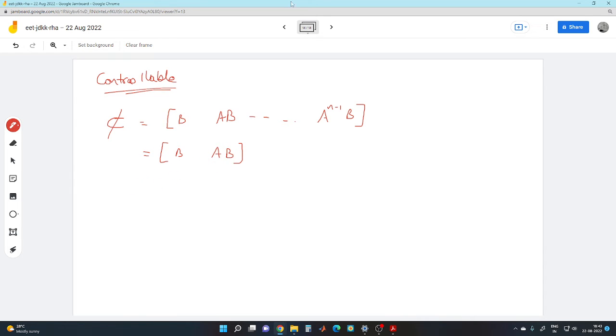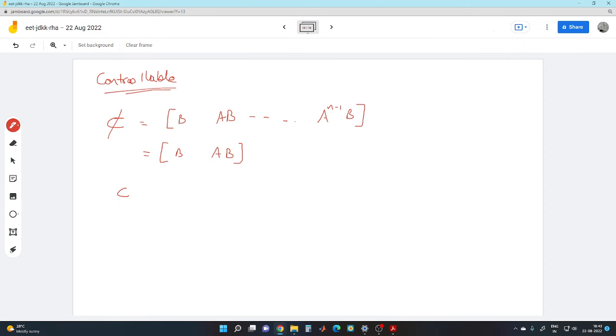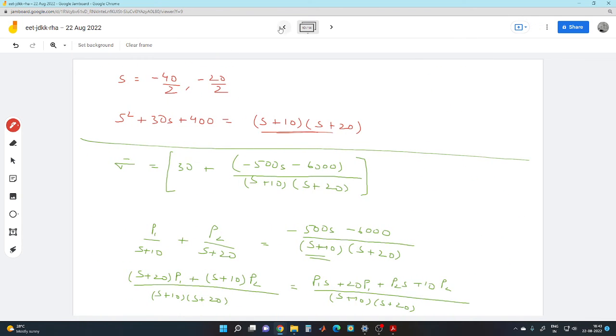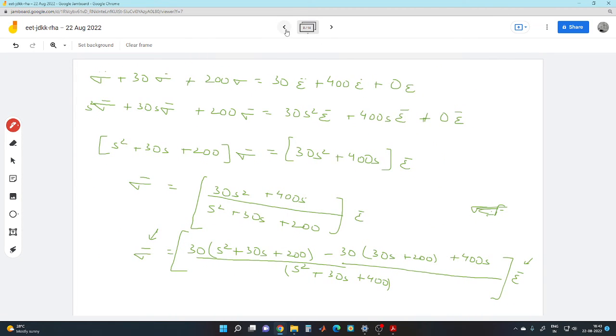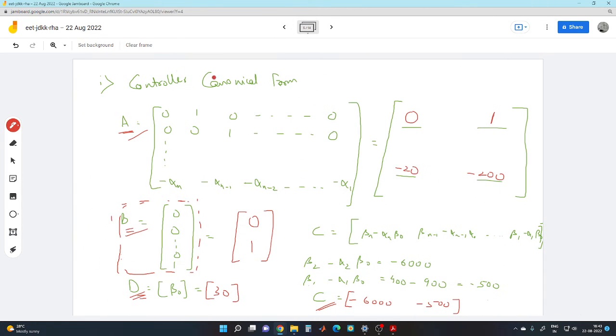So right now we know B. B is 1, 1. So for C, we can write the first column as 1, 1. For the second column, we need to calculate AB. So we know A is minus 10, 0, 0, minus 20. Now, one thing to notice here is if we would have used the observer canonical form or the controller canonical form, the A matrix is relatively much more complex, having many more values.